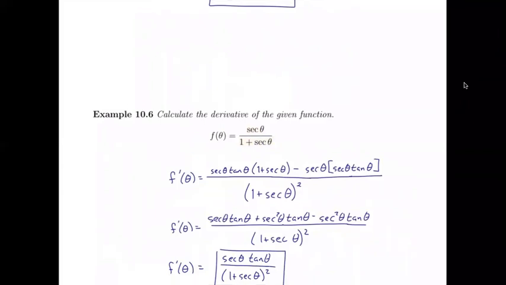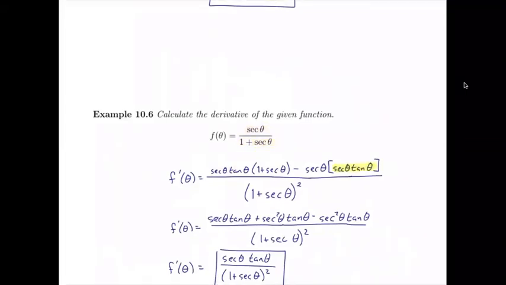So here we are. The derivative of the top. I might need to go back to the previous page and find secant's derivative, but derivative of secant theta with respect to theta is secant theta tangent theta. Now times the bottom. This is times the bottom right here. It's the first term minus the top function times the derivative of the bottom function. Well, the derivative of 1 plus secant theta, the derivative of 1 is 0, plus the derivative of secant theta is secant theta tangent theta.